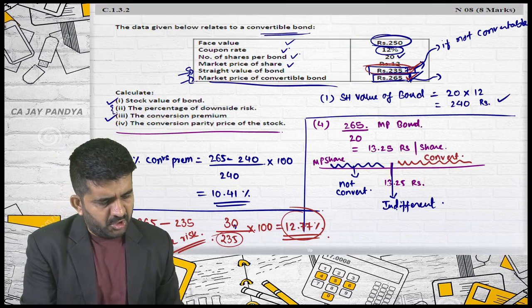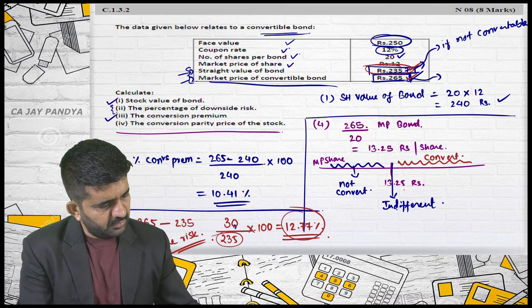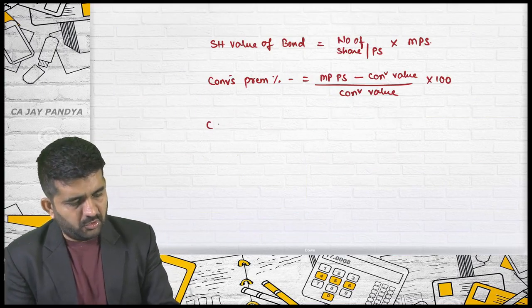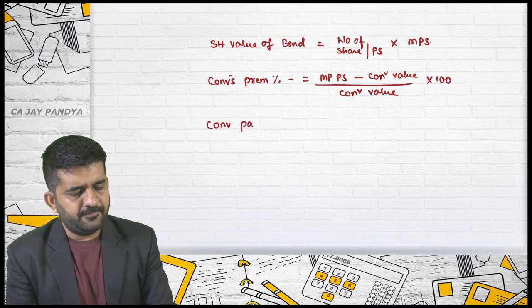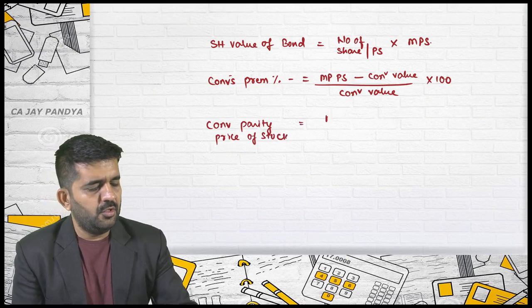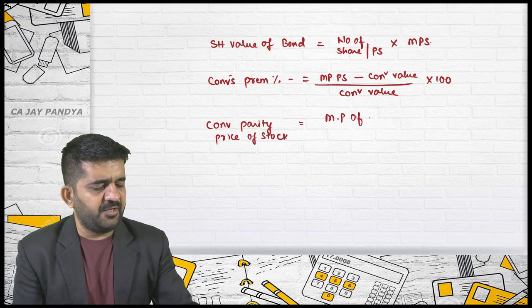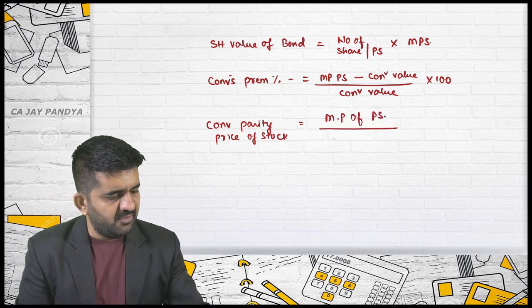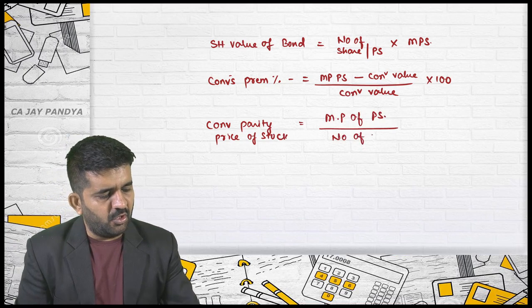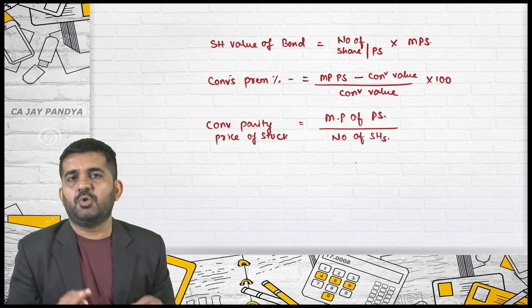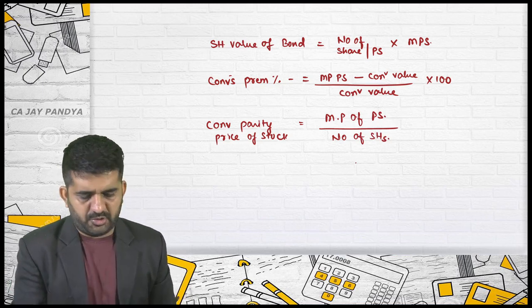Third was the conversion parity price of the stock. Market price of preference shares. If it is a bond, it will be the market price of bond divided by number of shares. This should be the price at which you are indifferent between conversion and non-conversion.